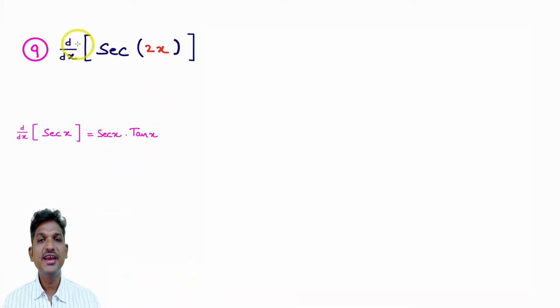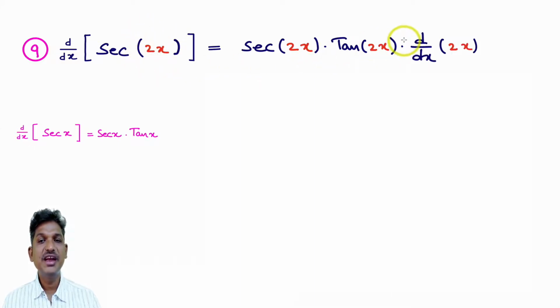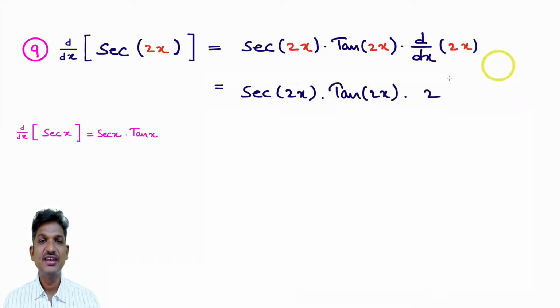So what will you write? The derivative of secant 2x is secant 2x into tan 2x, into whichever one you imagined as x, you need to differentiate. That is d by dx of 2x. I hope you are understanding. So secant 2x into tan 2x into the derivative of 2x.